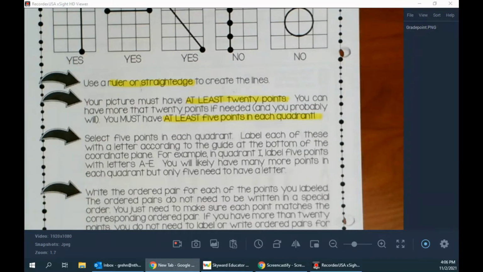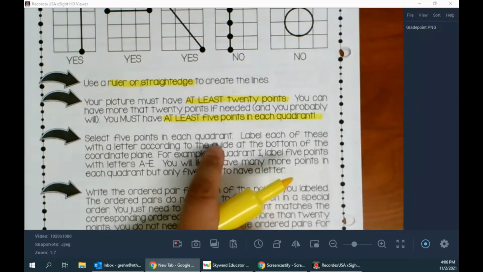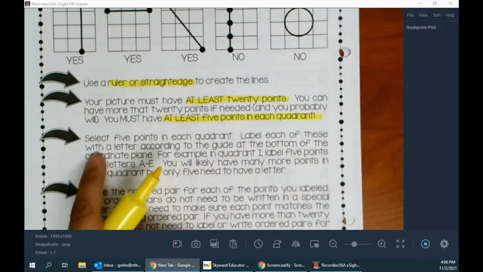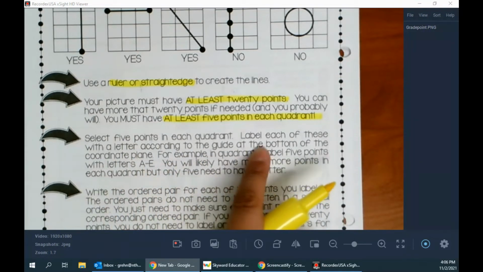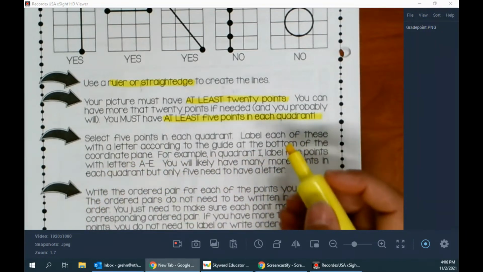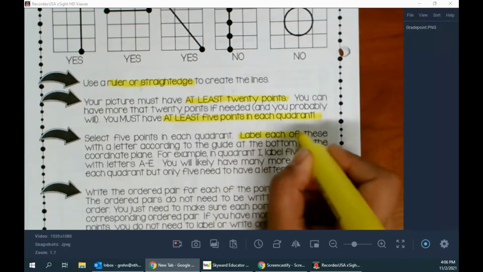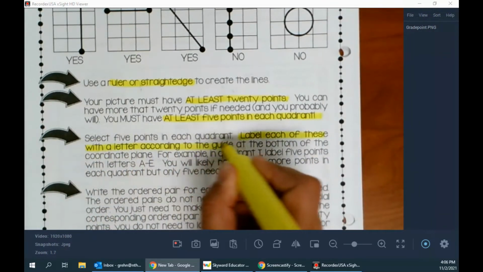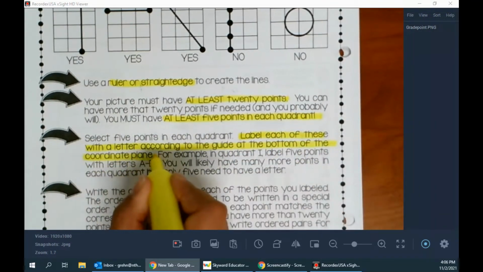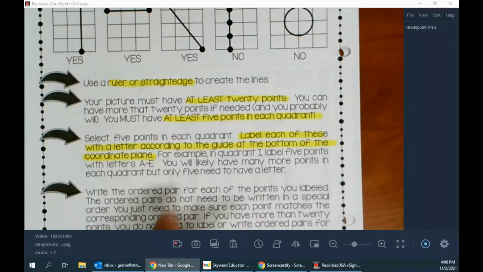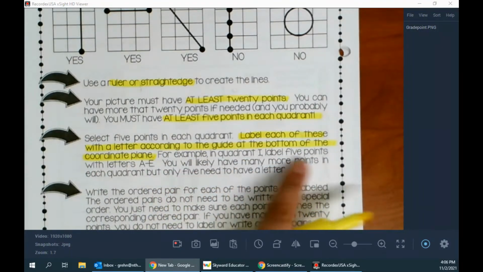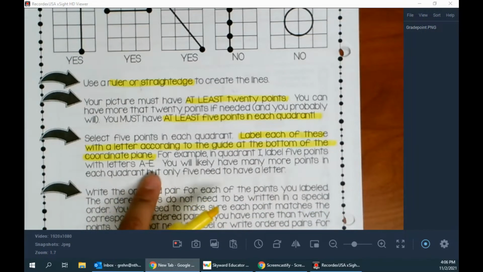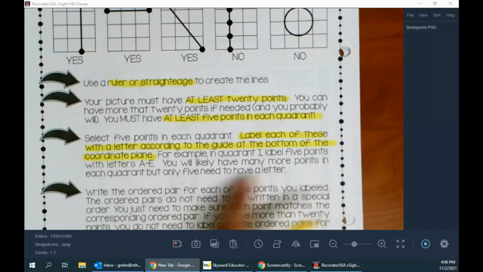All right, next it says select 5 points in each quadrant. Label each of these with a letter according to the guide at the bottom of the coordinate plane. So we're going to highlight that. That's pretty important, and I'll show you this in just a minute on the next page. For example, in quadrant 1, label 5 points with letters A through E. You will likely have many more points in each quadrant, but only 5 need to have a letter.